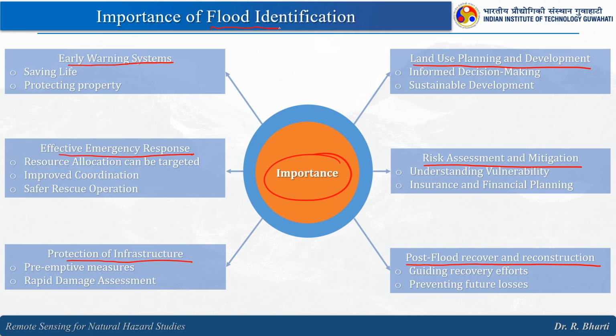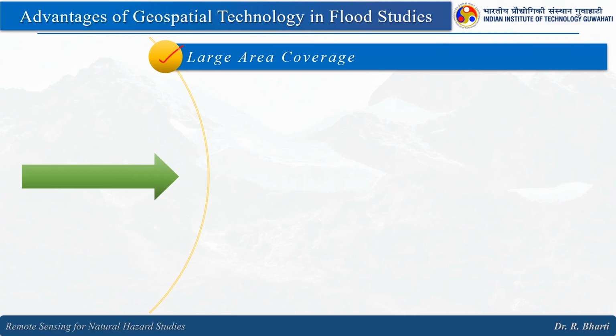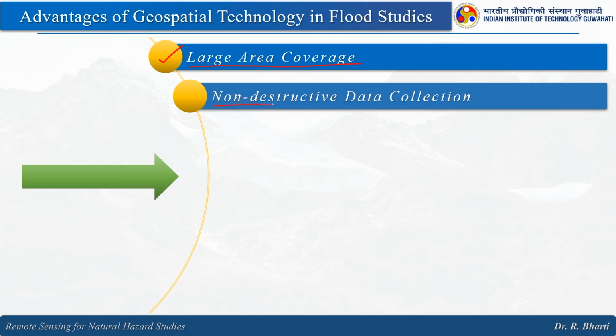So, here we will talk about the application of remote sensing, why we are using this remote sensing in the flood studies, right. So, as we know that remote sensing has the advantage and the first one is the large aerial coverage, right. Then second is the non-destructive data collection. Here we don't destruct anything, don't disturb the natural setting, we just try to capture the images and then we try to analyze them.